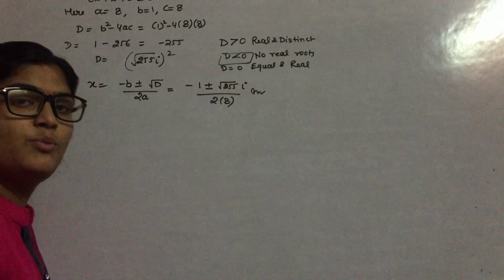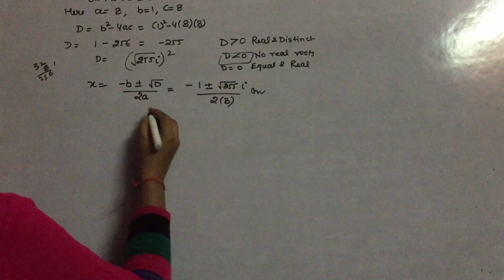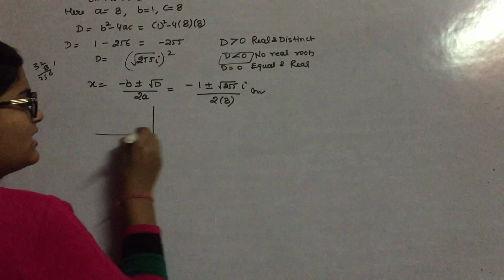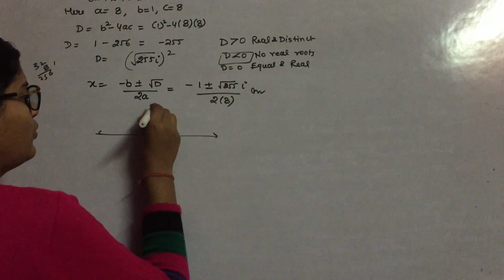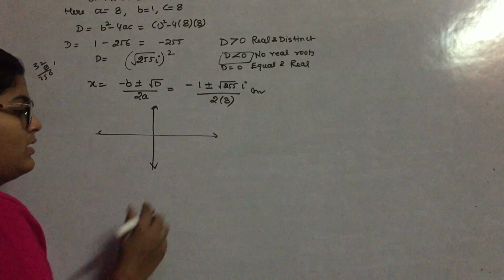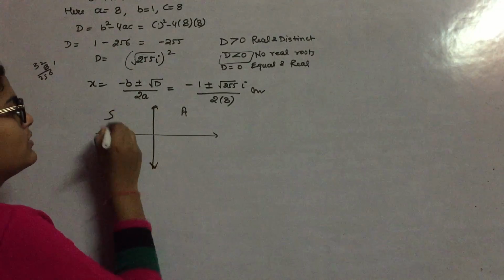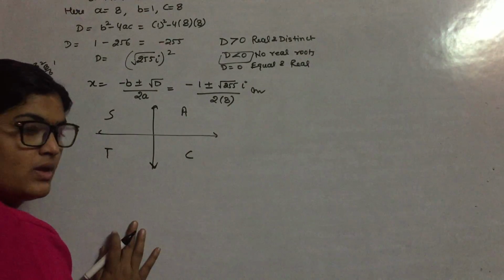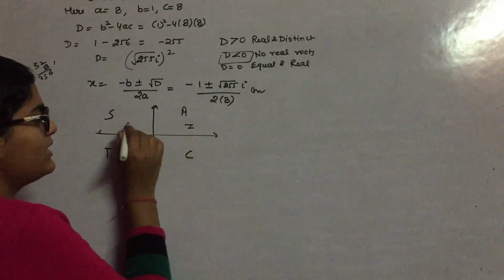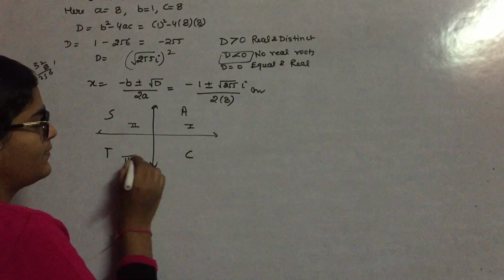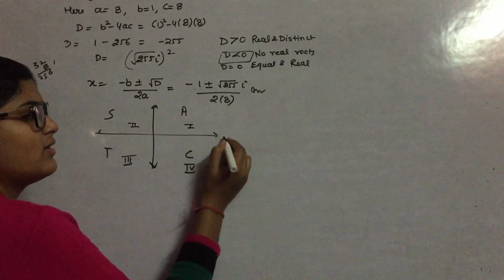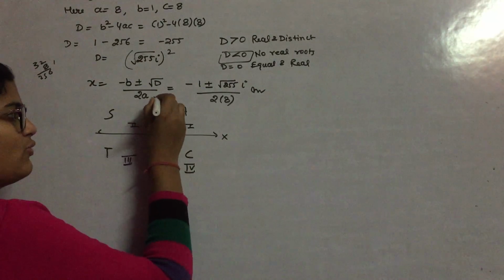Okay, now I'm going to tell you something about the sign convention of polar form. Remember this trick from school to college. In your first quadrant, x is positive and y is positive.